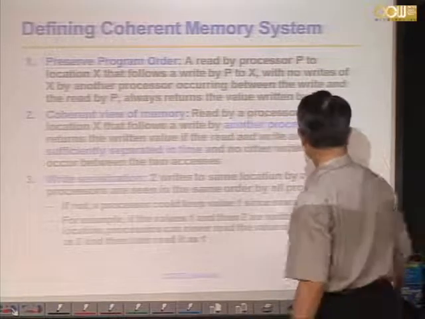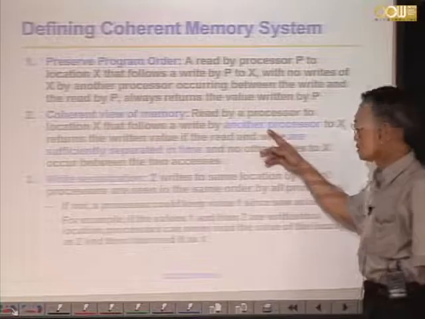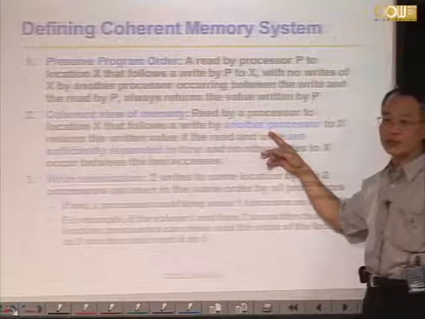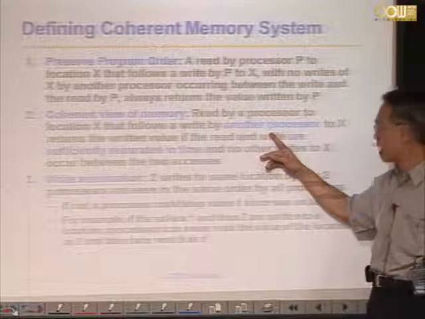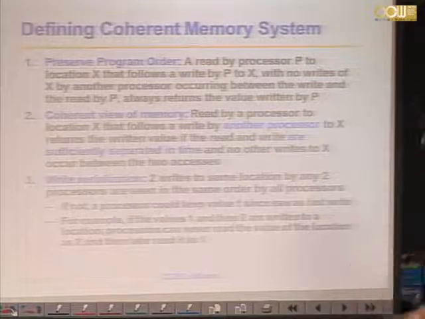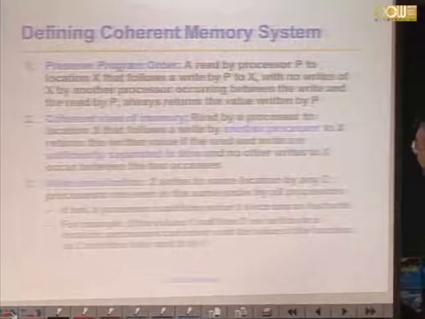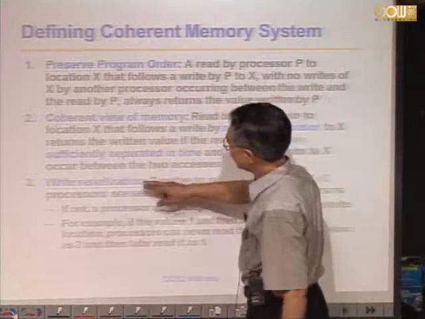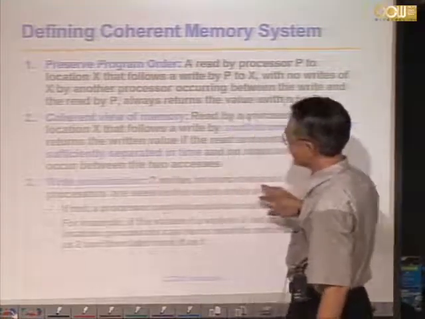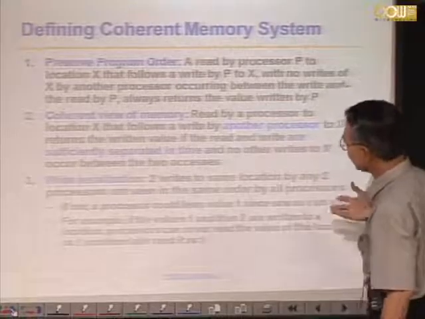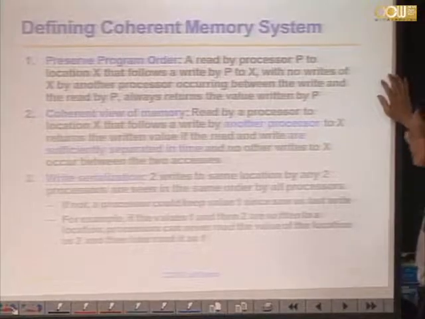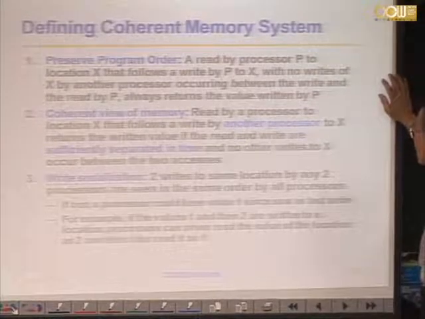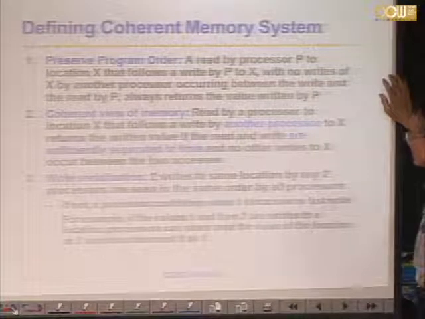Coherence says whenever you write, that write should be reflected to all the other members. Write serialization has to do with consistency. Again, two writes to the same location X by any two processors are seen in the same order by all processors.